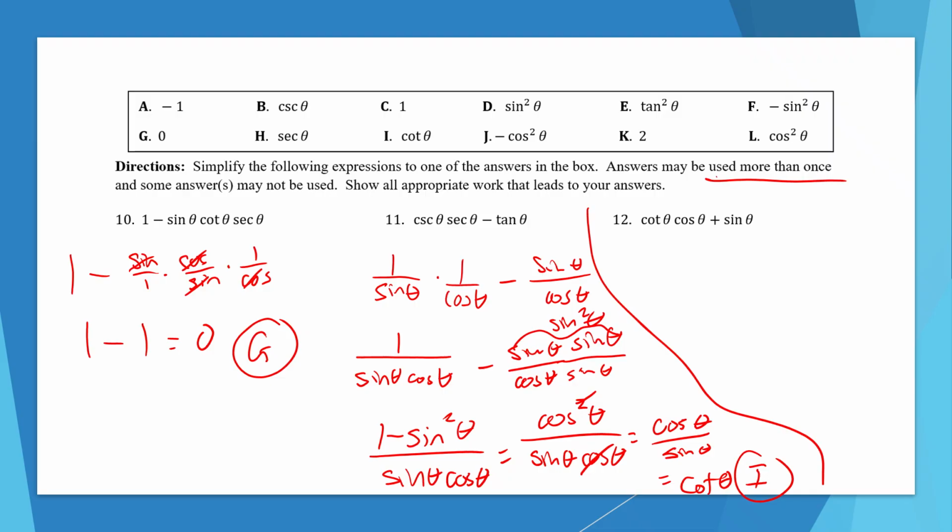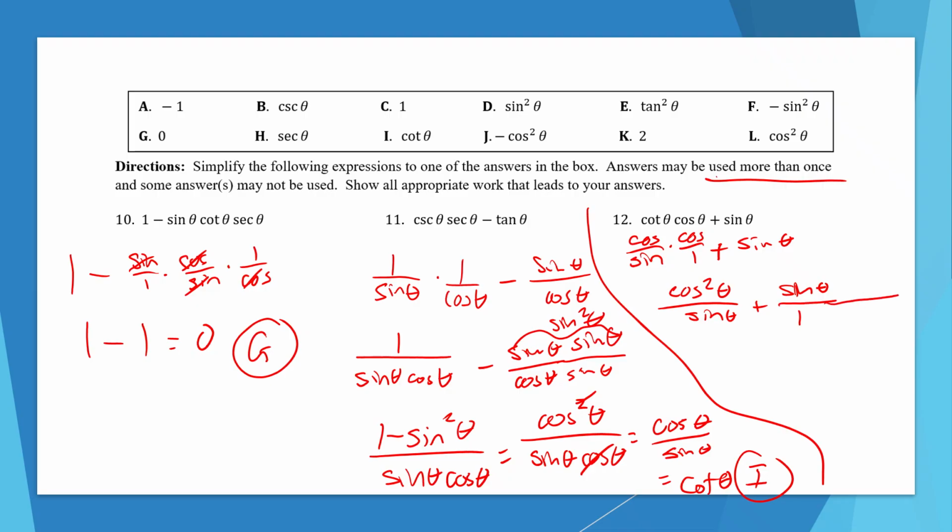And then number 12, cotangent is cosine over sine, times cosine plus sine. So this is cosine squared theta over sine theta plus sine theta over 1.